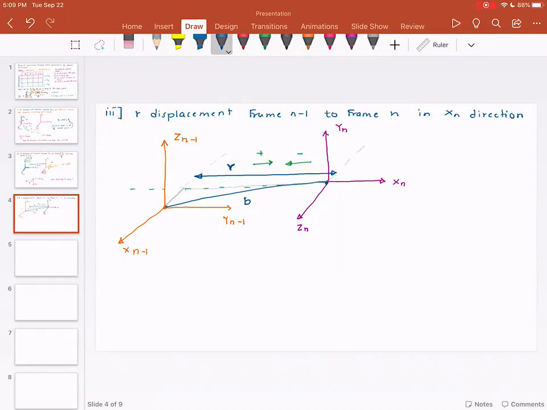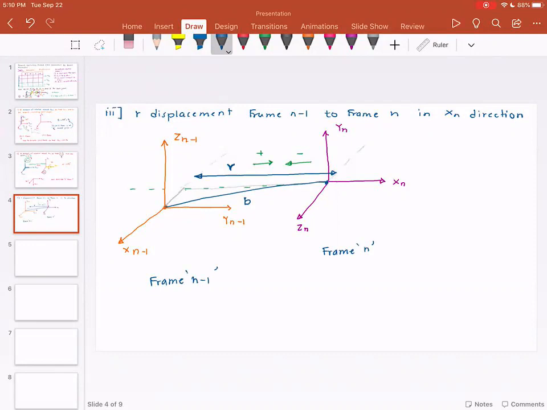So this is the r distance. So the displacement is between the frame n minus 1. This is frame n minus 1. This is frame n. And the distance is along xn. And please notice whether this is positive or negative.